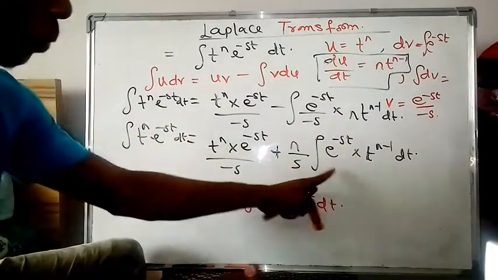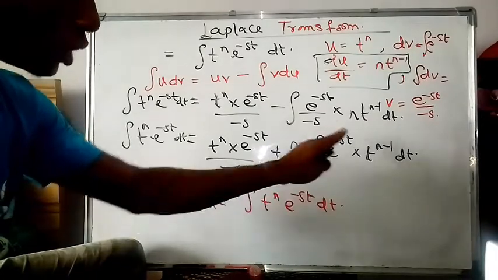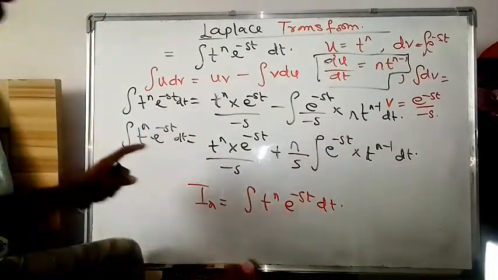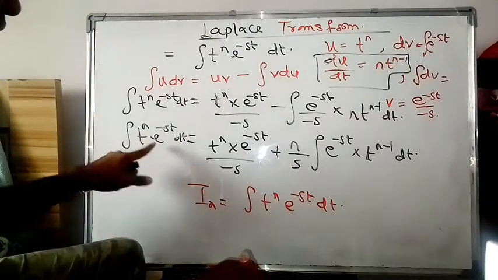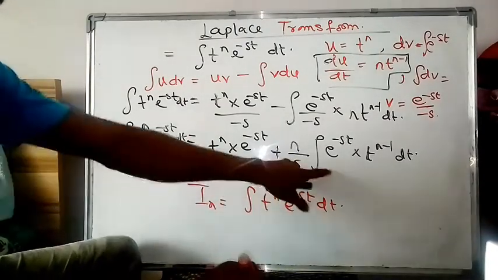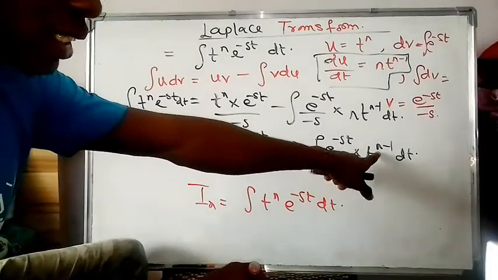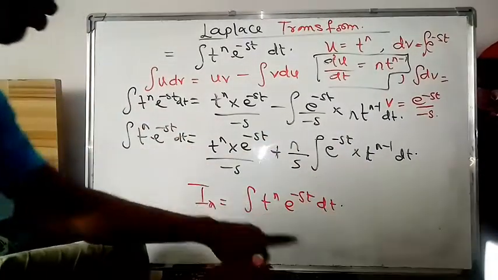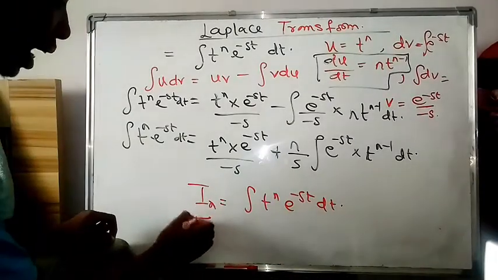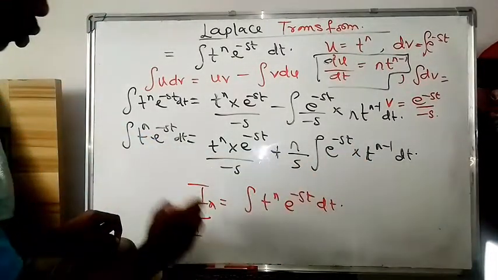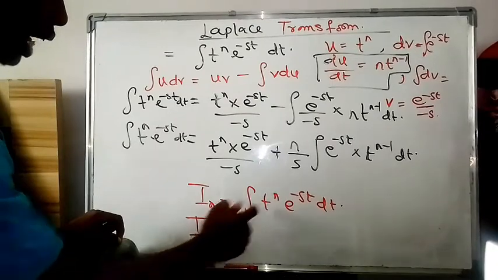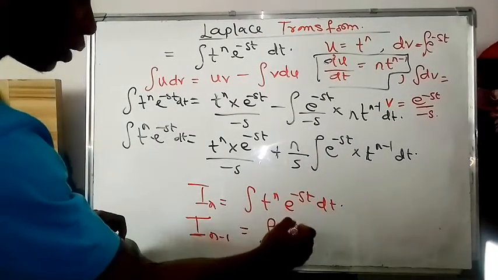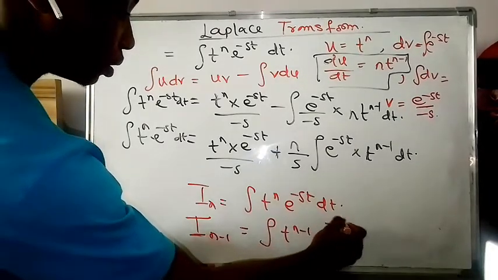So their powers are different. We can say I subscript n minus 1 is equal to the integral of t raised to the power n minus 1 exponential minus st dt.